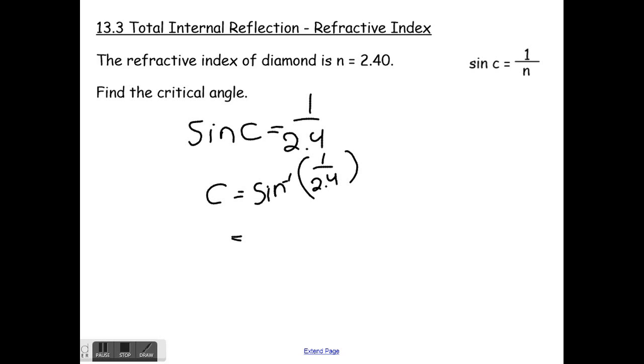So sine inverse of 1 divided by 2.4, the critical angle of a diamond is 24.6 degrees, which is about what we said it would be. Okay. So very simple calculation with these ones, nothing too complicated.